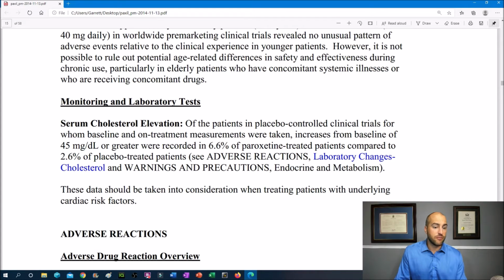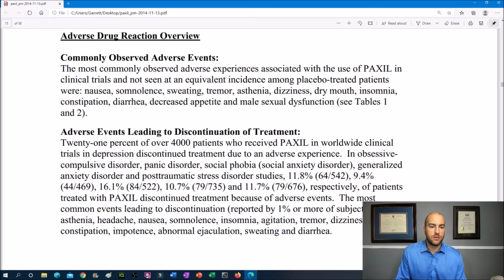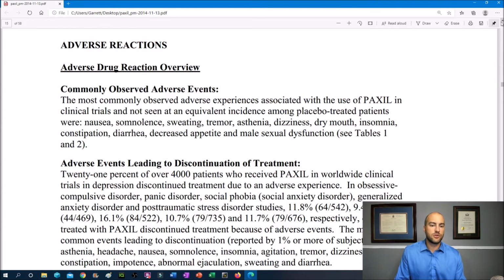It just says here for monitoring and laboratory tests, serum cholesterol elevation. So you'd be monitoring your serum cholesterol. All right, adverse drug reaction overview. So commonly observed adverse events.